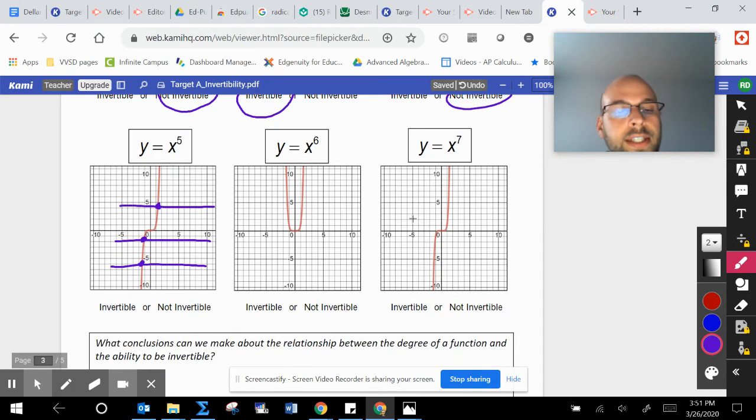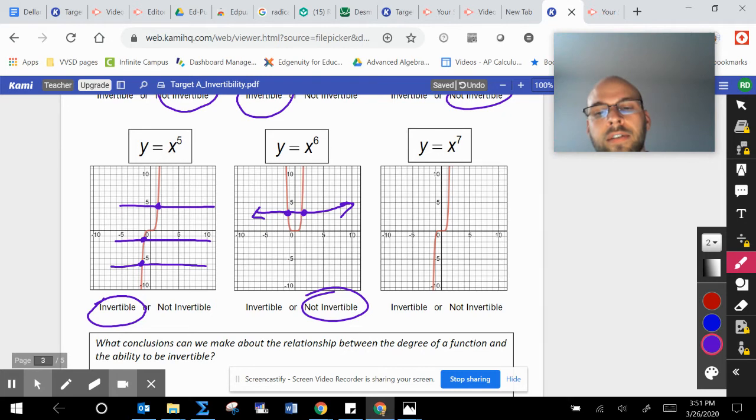So this is invertible. There are no places where a horizontal line would hit it more than one time. Sixth degree polynomial will hit it twice. That's no good. That's not invertible. And seventh, just like the cubic and the quintic, seventh degree polynomial intersects only one time, so that's invertible, right?